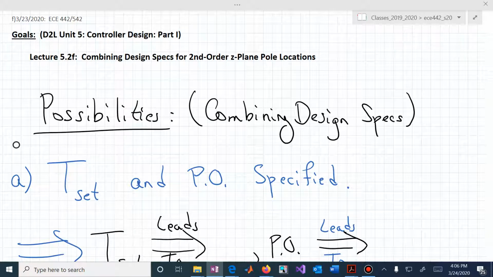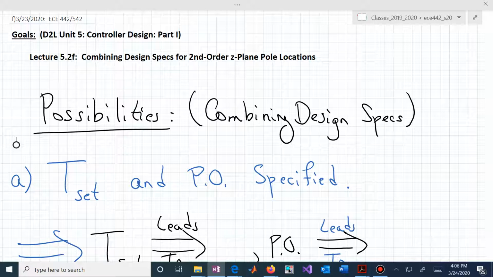Those are the logarithmic spirals or the heart shapes, and the smaller the heart, the less overshoot we have. And finally, the third design specification was the time to peak, or the peak time, and that led to wedges, where a larger angle or a larger wedge gave us a system that peaked more quickly.